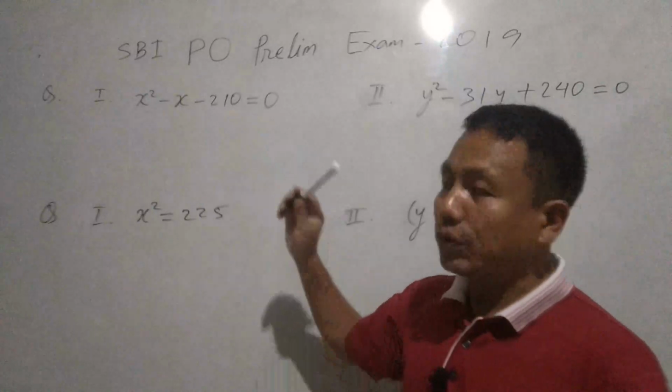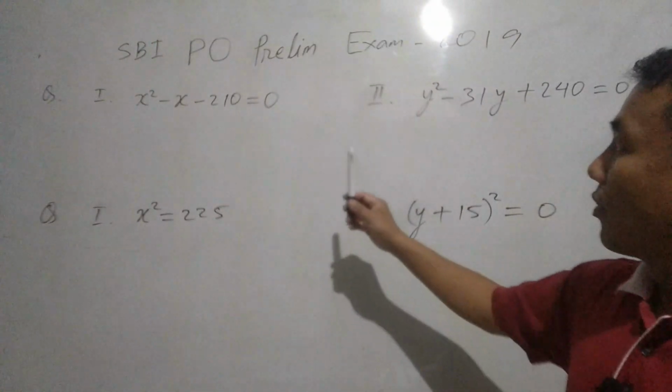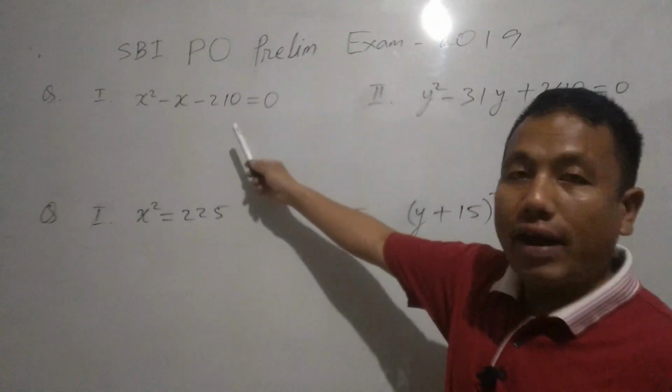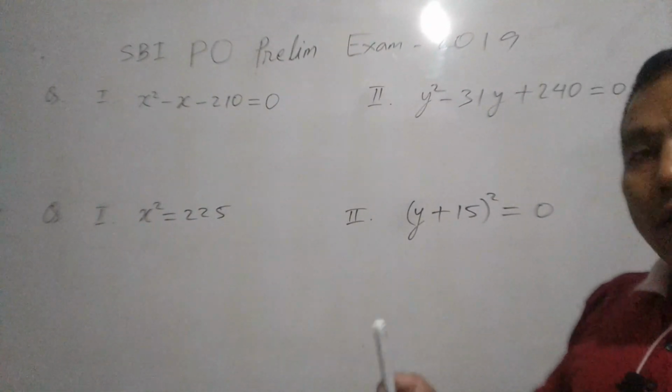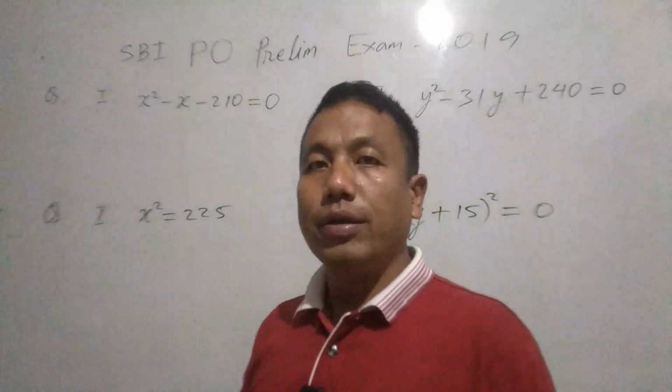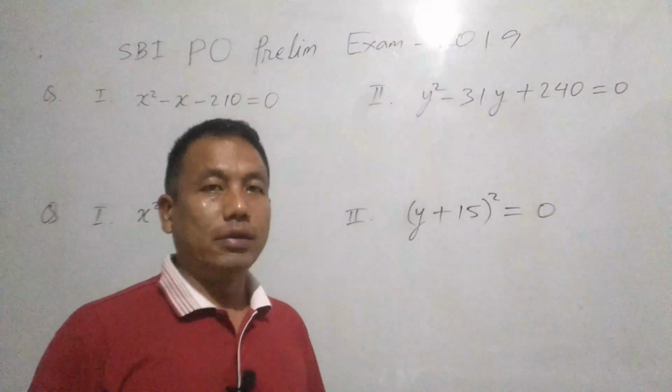We are asked to find the relationship between x and y. There are 3 ways to make the conclusion.